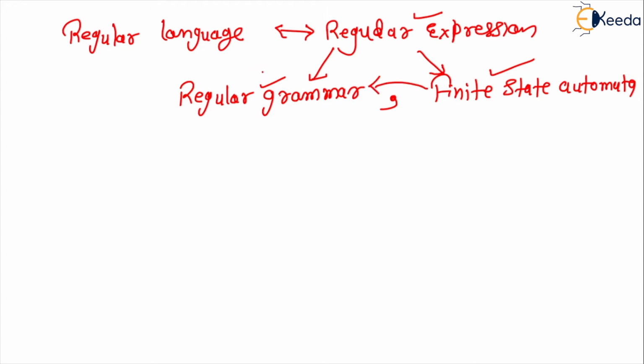You can also generate the regular language from that finite state automata. You can also design a regular expression for it, meaning the language recognized by that finite automata can be represented by a regular expression. So all types of conversion are possible. In the exam, you may have a question like: convert the regular language to a regular expression.